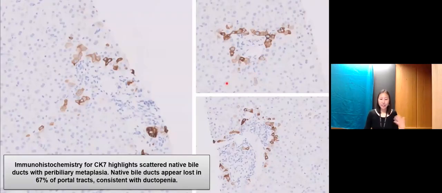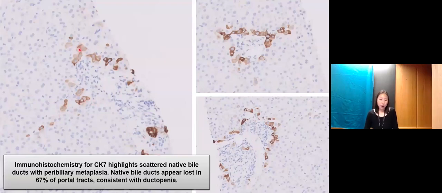If it is challenging, and sometimes it is, to identify whether or not these native bile ducts are present, it can sometimes be very helpful to do a keratin 7 stain. So keratin 7, as we know, will strongly highlight biliary epithelium. So any native bile ducts will be strongly positive and can help you identify those native bile ducts. But the other thing that is very helpful about a keratin 7 stain is it also will highlight periportal peribiliary metaplasia.